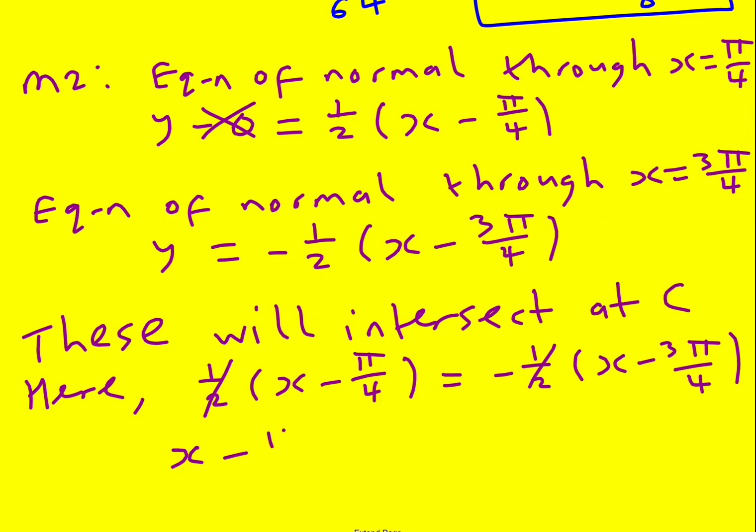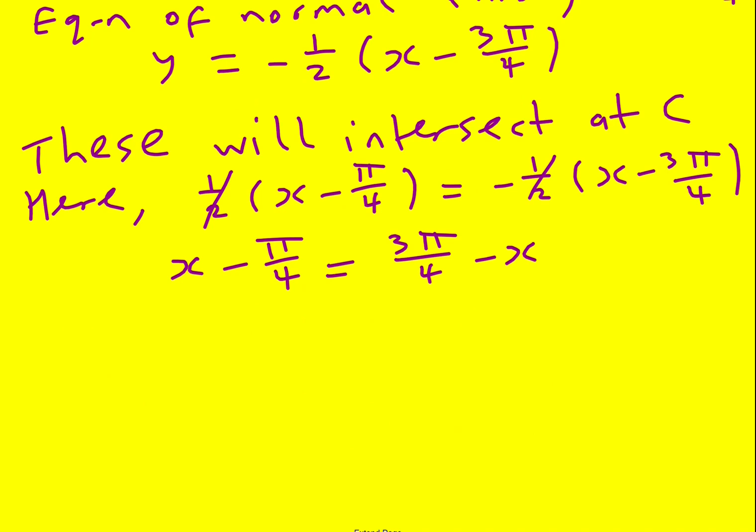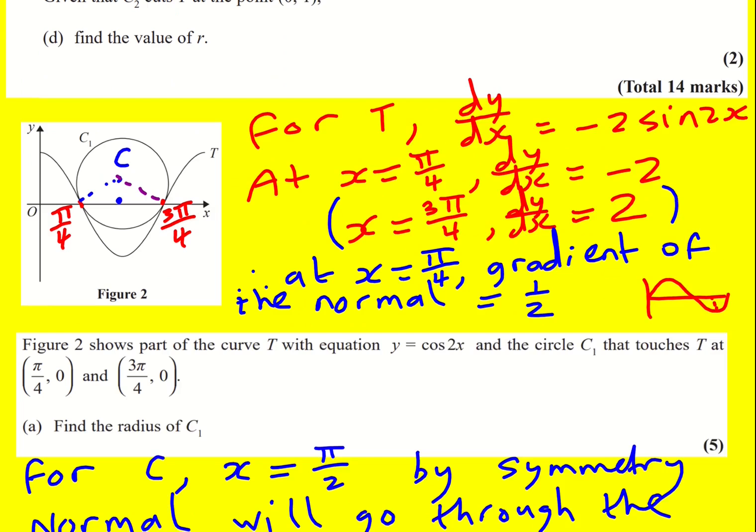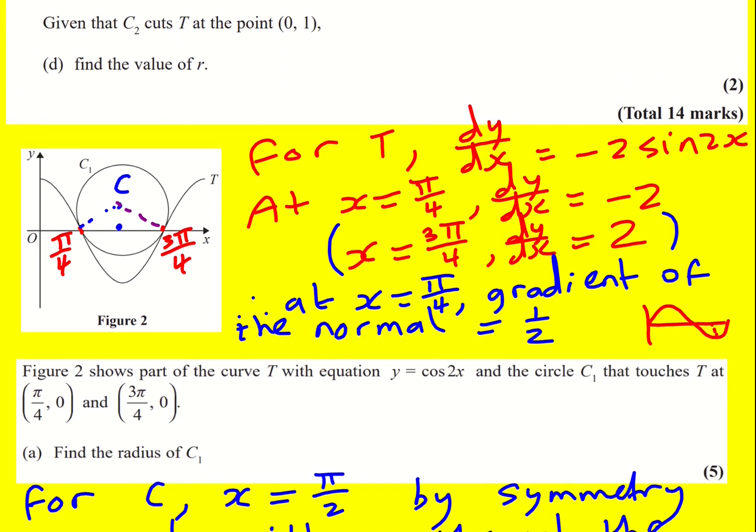And I'll get x minus pi over 4 is equal to 3 pi over 4 minus x. That means that 2x will equal pi, and x will equal pi over 2. So if you didn't notice that aspect of the symmetry, that it's going to be pi over 2, then we've got it here.